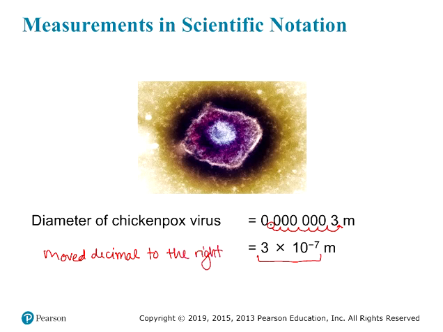And additionally, this is a really small number. What that tells us is that the exponent, or the power of 10, will be negative.